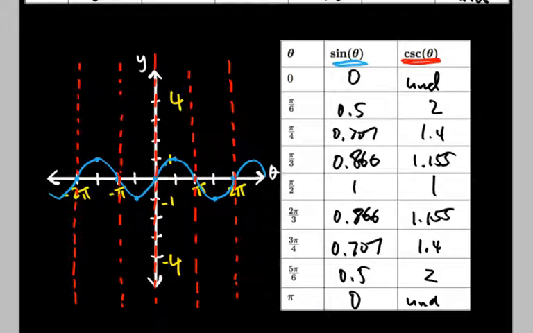Alright. So now when sine is 1, cosecant is also 1. And if you do recall, when sine is -1, so is cosecant. So you're actually going to see this going on. And then essentially what's going to happen is this thing just goes toward the asymptote.